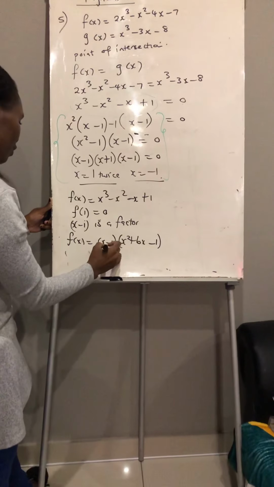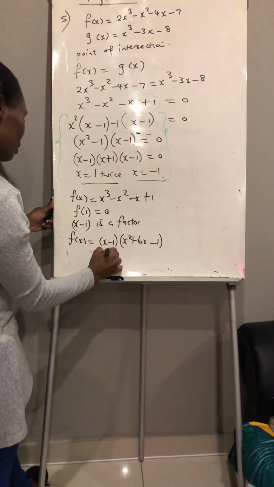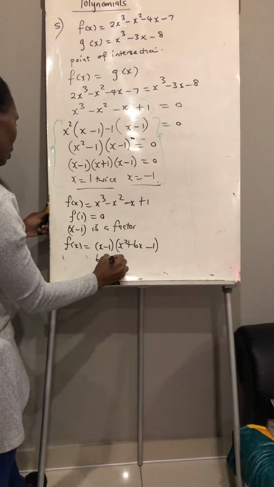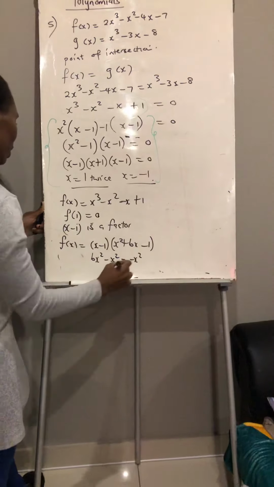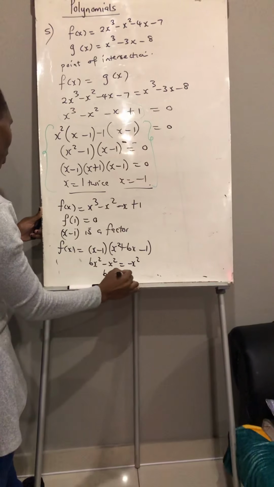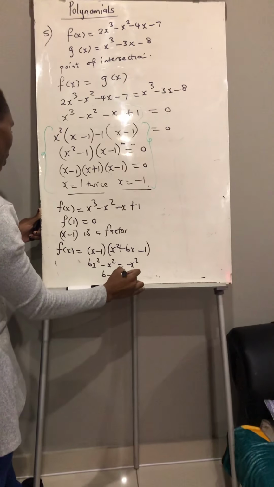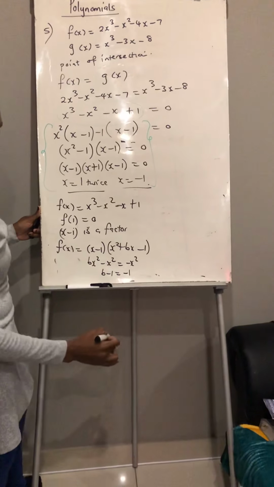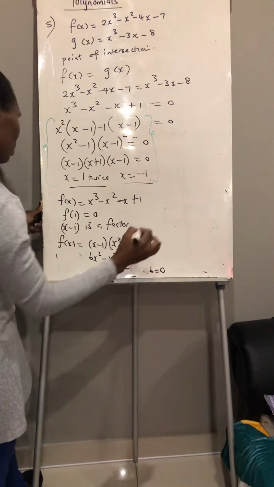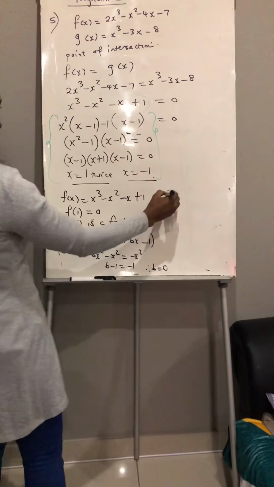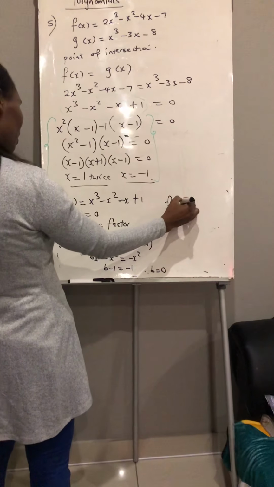So first and second, second and first, and equate it to minus x squared. It does look like b minus 1 will be equal to minus 1. Interesting. B is equal to 0. So what it means, this method was annoying actually.